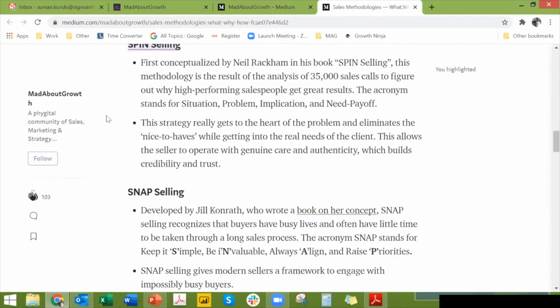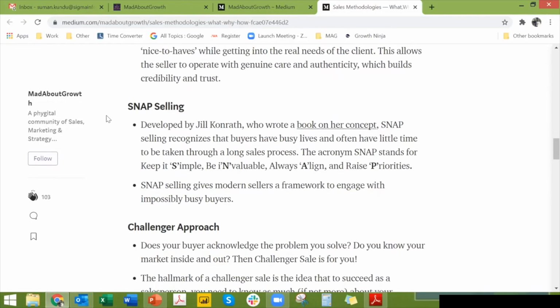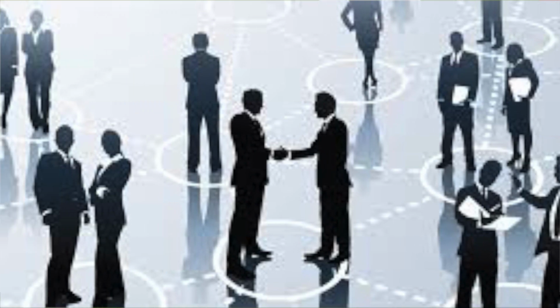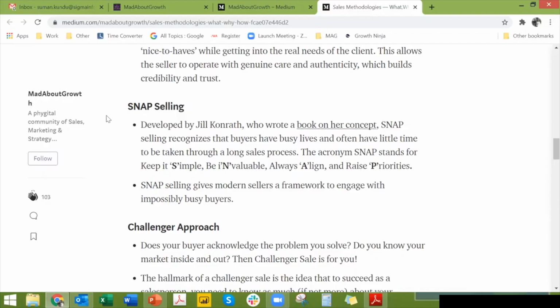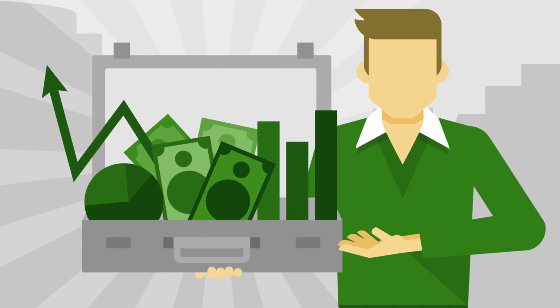The next in line is SNAP selling. In SNAP selling, it's really to keep it simple, align it to the invaluable requirements of your client, raise the priority so that the client is in sync with you, and finally sell the product.